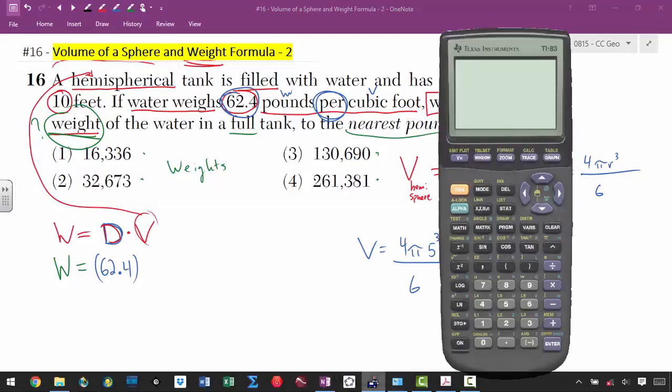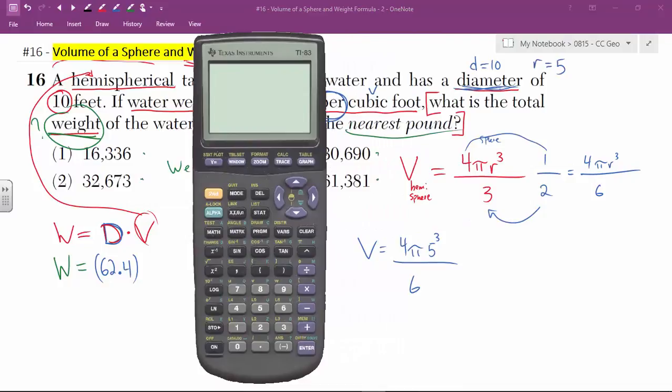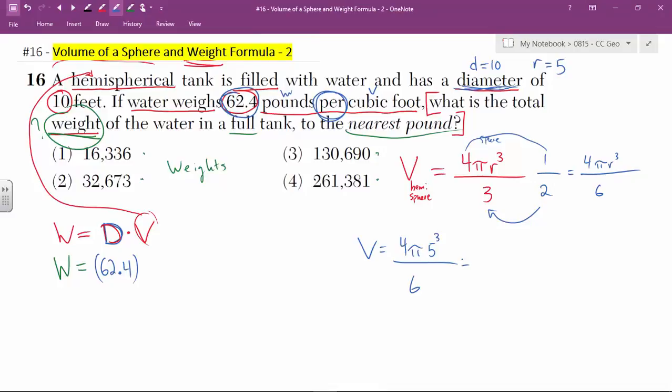All right, so let's take out the calculator. Let's do some calculations. 5 cubed is 125, I believe. Yeah, 125. So that's going to be 4/6 pi 125.